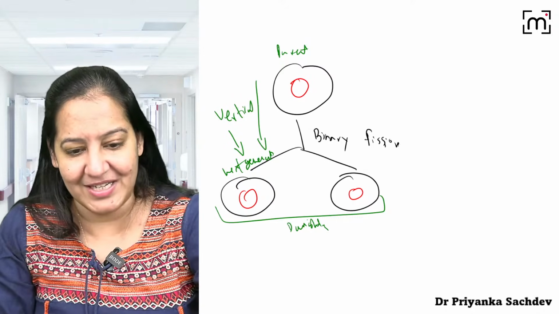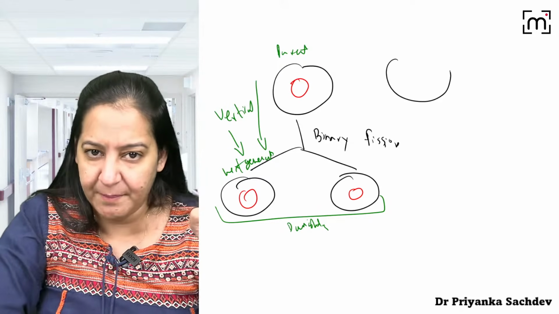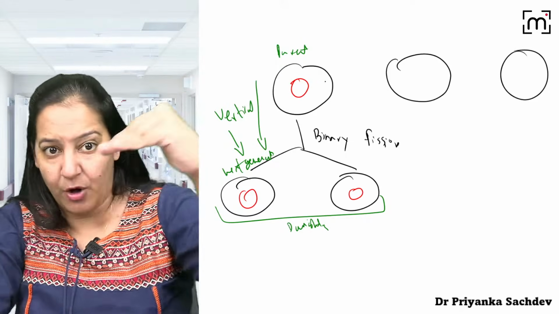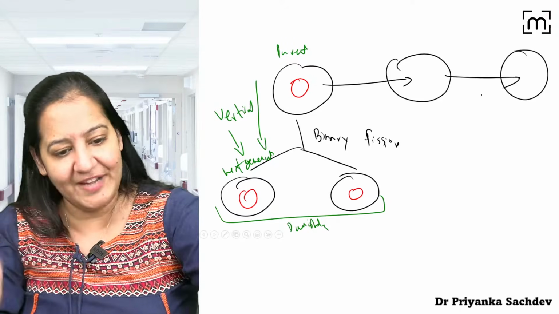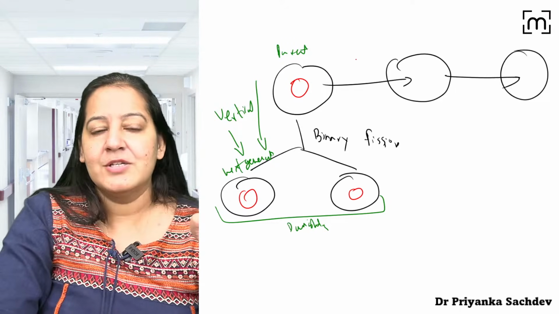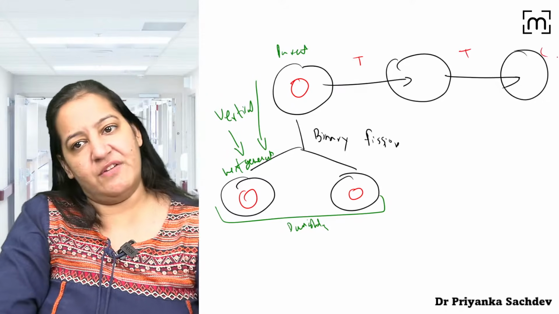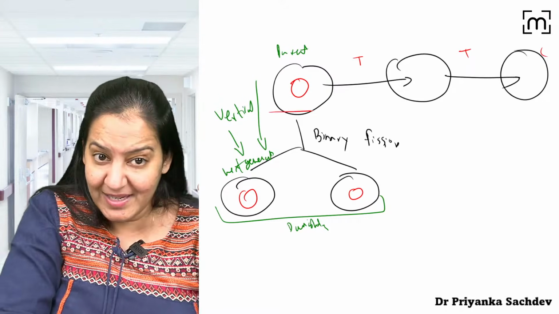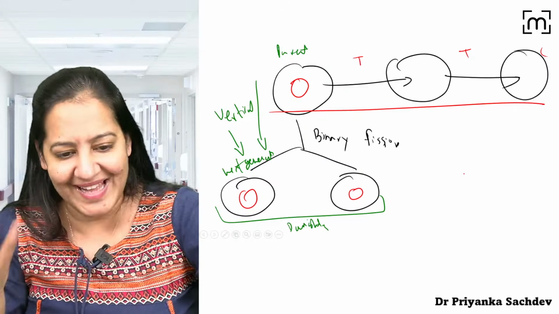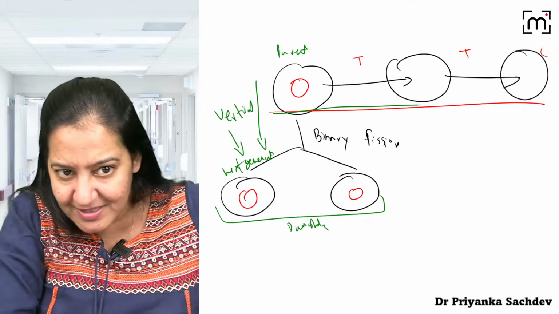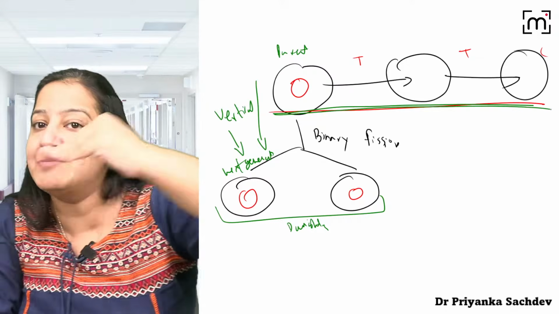Now this parent cell, if it wants to give genetic material to a friend, another bacteria of the same generation, that is gene transfer. For doing so, 3 different methods are applicable: transformation, transduction, and conjugation. So it is in the same generation, not in the next generation. And this transfer, you can see, is in the same line because all are in the same generation.